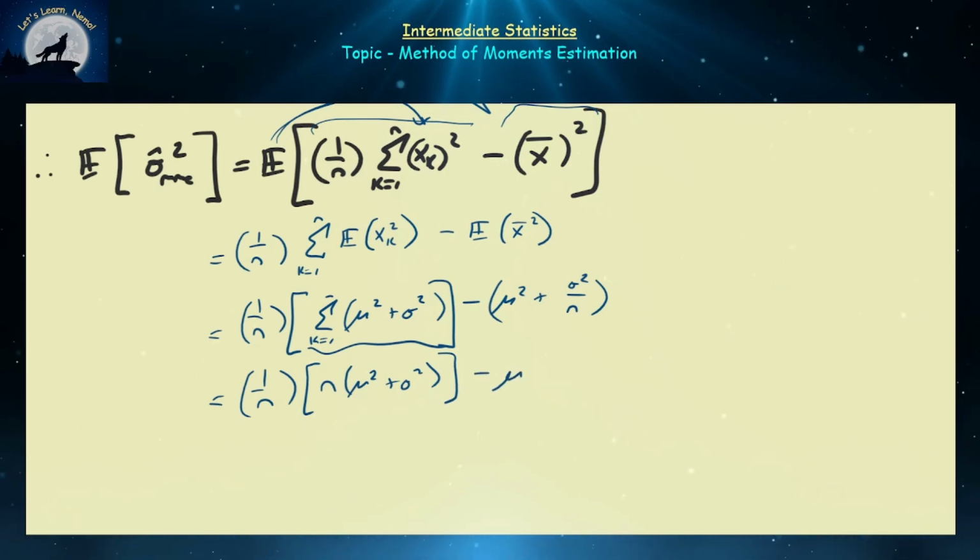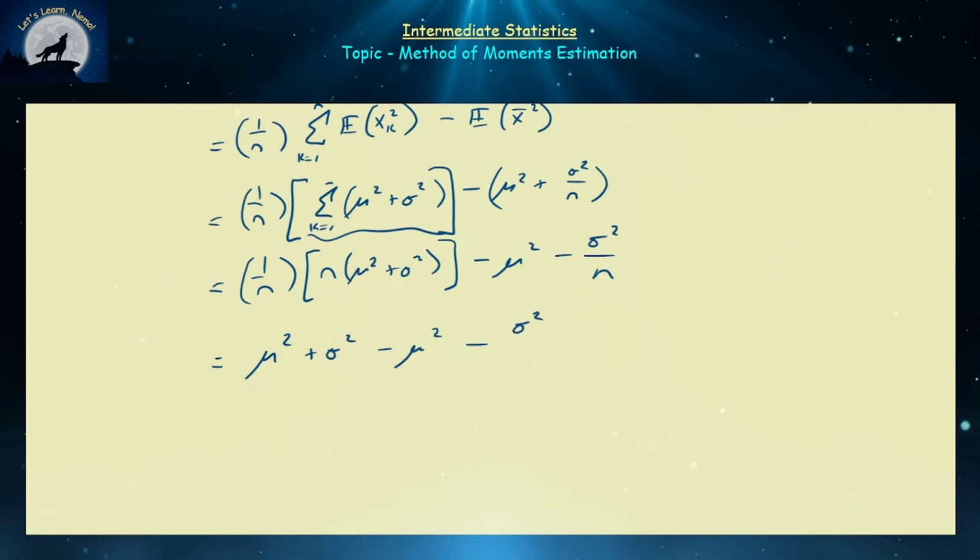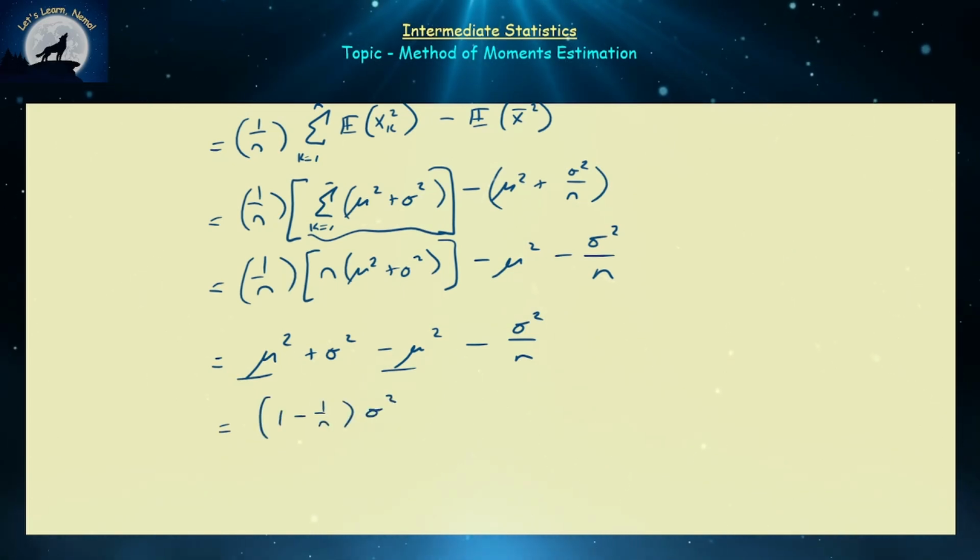And then we have minus mu squared minus sigma squared, all divided by n. Those n's are going to cancel from the front, which is actually pretty nice. And then we're going to have mu squared plus sigma squared minus mu squared minus sigma squared all over n. Those mu squareds are going to cancel out each other, and then we can factor out a sigma squared. So 1 minus 1 over n times sigma squared. So this is the expected value of sigma squared MME.